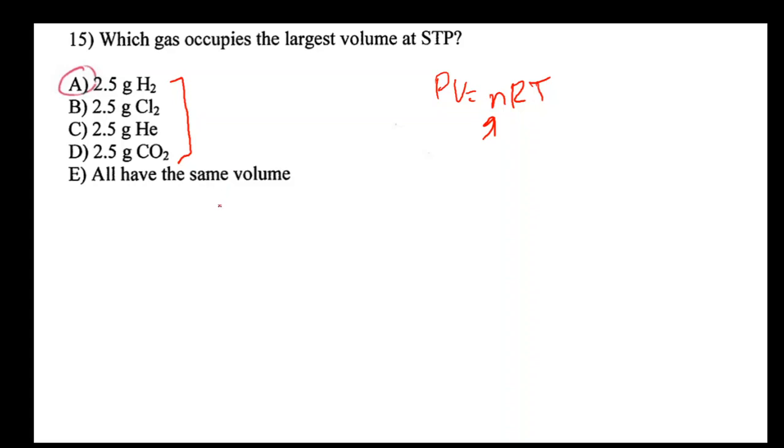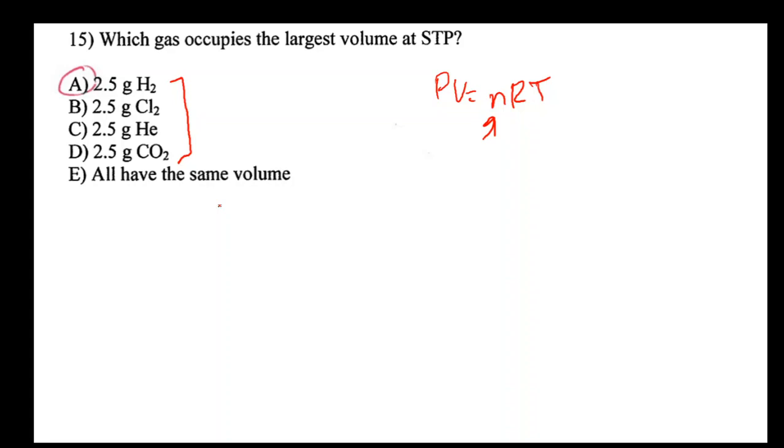Essentially, if you have 2.5 grams of something with a very light molar weight, you'll have more moles of that compared to 2.5 grams of something with a heavy molar weight. So just by viewing it like that, yes, moles and volume are proportional.